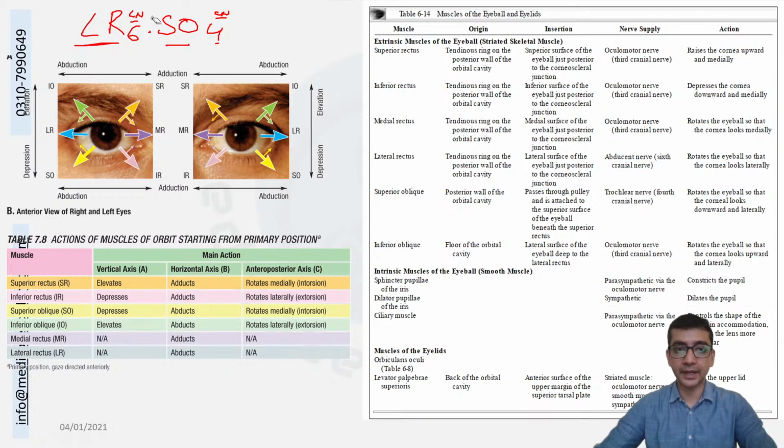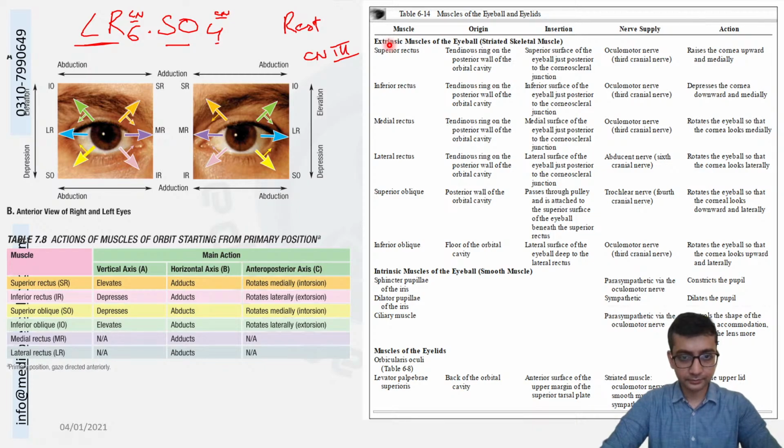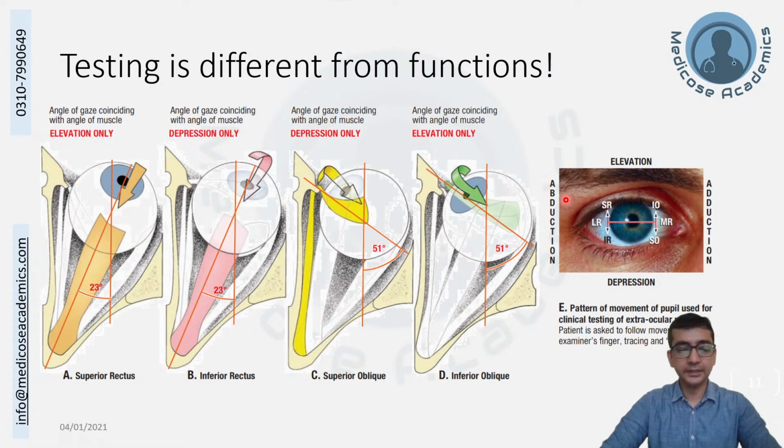Those are supplied by cranial nerve number 3. The rest are supplied by the oculomotor nerve. It has a superior division and an inferior division. We will look at it shortly. So all of the rest are supplied by this. And then, last but not least, we come to the clinical testing.